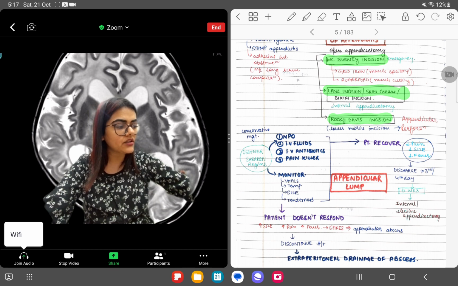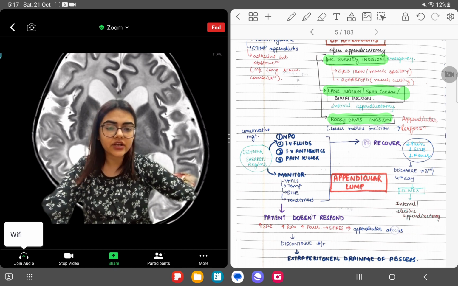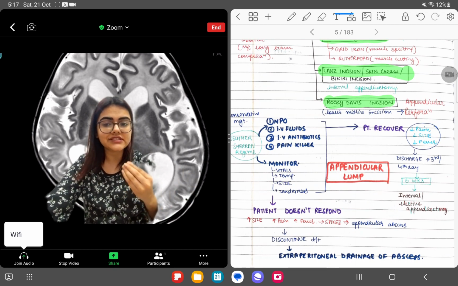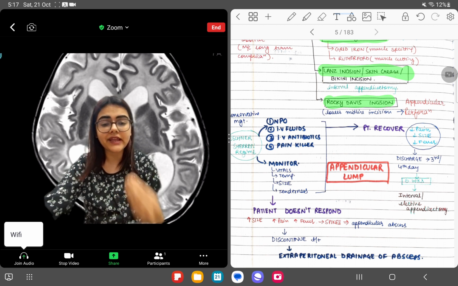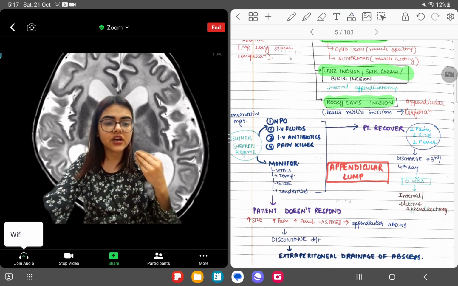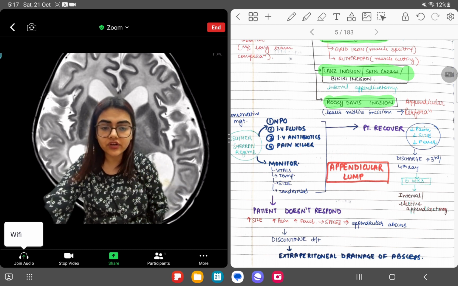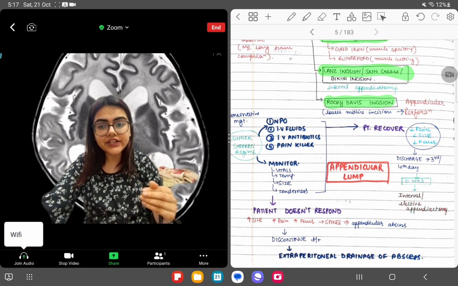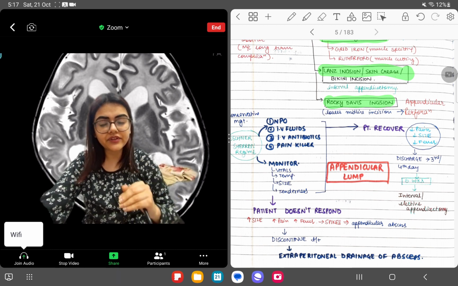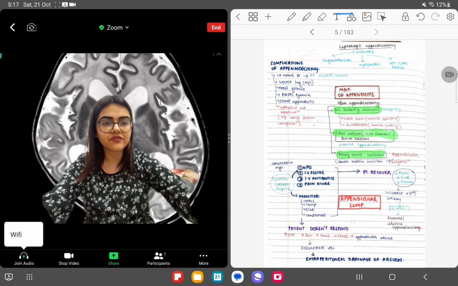And remember that if it doesn't respond, that is if the size of the appendicular lump is increasing, pain is increasing, fever is there, then it might be that the appendicular lump has been converted into appendicular abscess. So we will discontinue this Ochsner-Sherren regime and we will go for extraperitoneal drainage of the abscess.